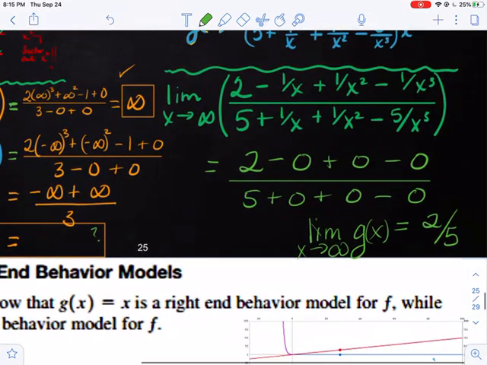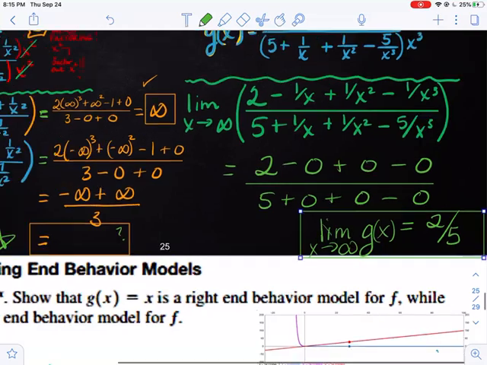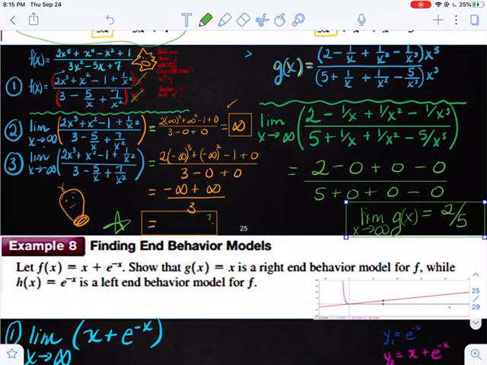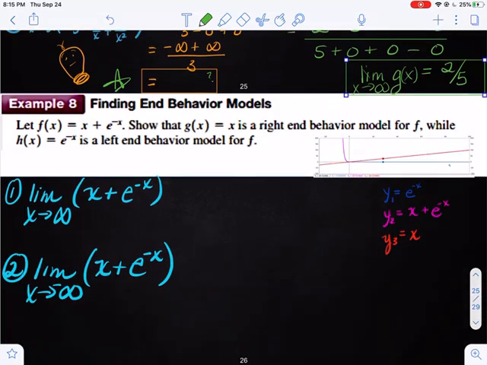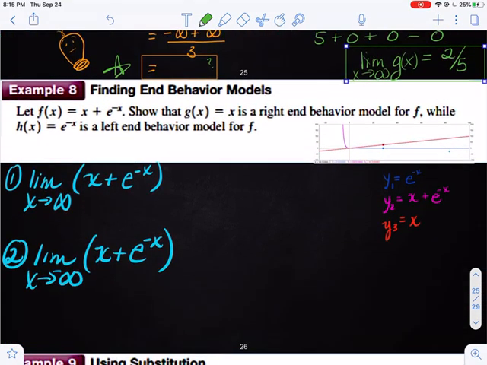Find an end behavior for both of these, and my time is kind of limited. So what I'd like you to do for both of these is graph them and see if it's making sense what the limits are as x goes to negative infinity and positive infinity. I'm saying the limit as x goes to positive infinity is 2/5. Maybe you want to take a second and do the limits as x goes to negative infinity. They're going to be the same.